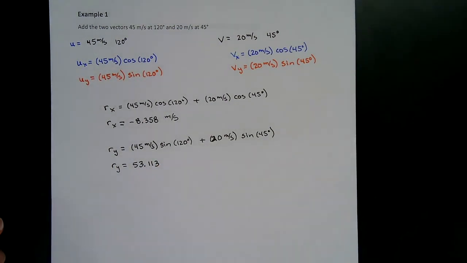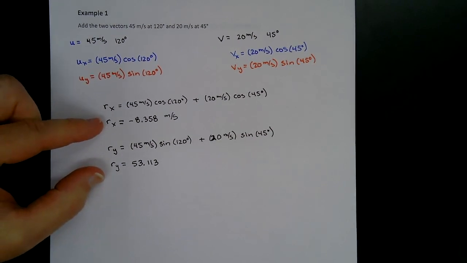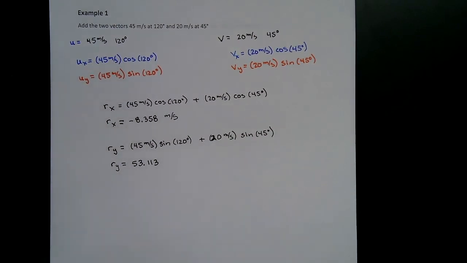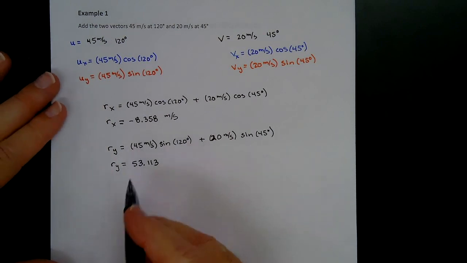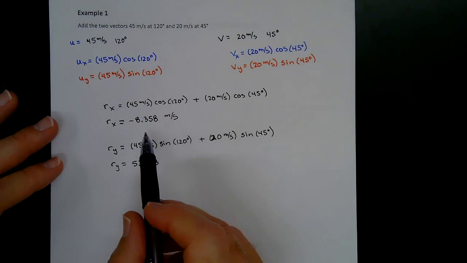Okay. So now it's just like Tuesday's or Wednesday's work. We have the horizontal and the vertical component of this vector R. So now I'm going to draw a diagram because I want to get my angle of rotation correct, and the only way to do that, I think, is really to draw a diagram.